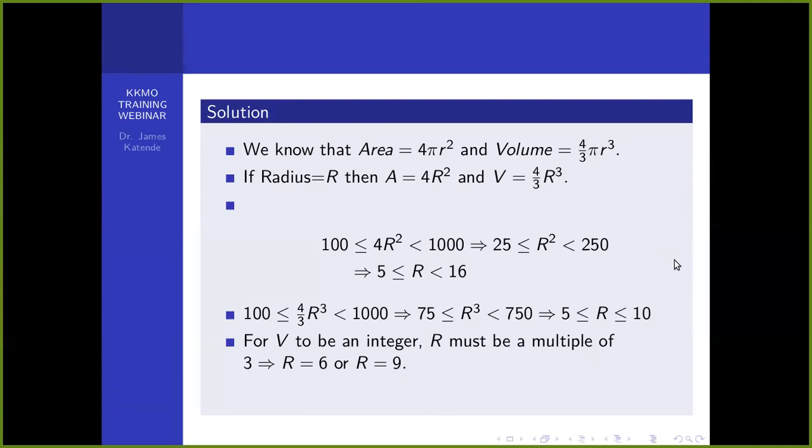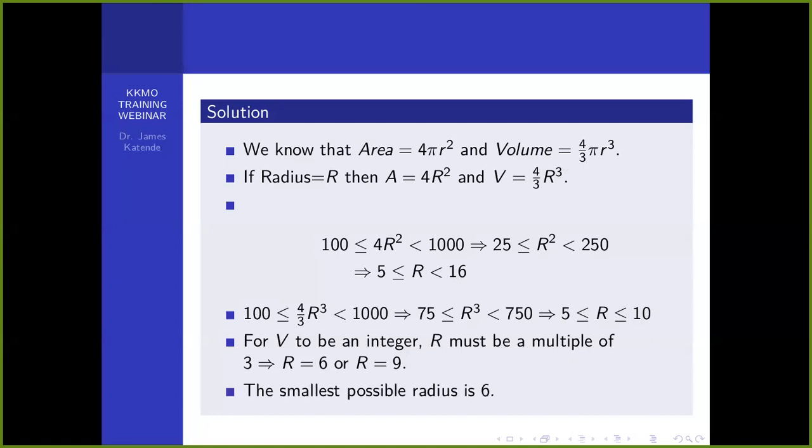That means R itself must also be a multiple of 3. Now, the first inequality took us up to 16, but because of the second inequality, we cannot go beyond 10. The only multiples of 3 in that interval will be 6 and 9.